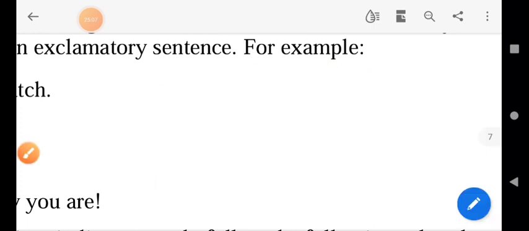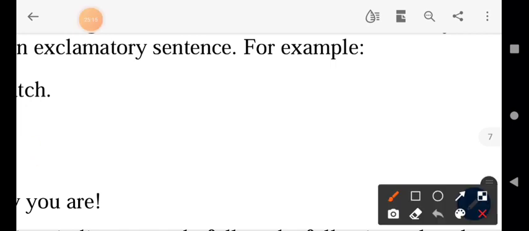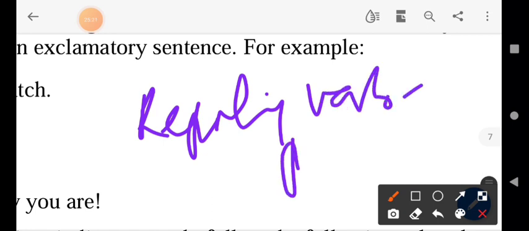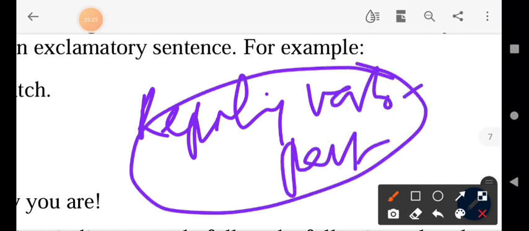Whichever sentence you have, whether exclamatory, interrogative or imperative, when the reporting verb is in the past tense, only then should we apply all these rules, and the tense is changed. Otherwise, the tense is not changed. And what is the main thing we have to know?